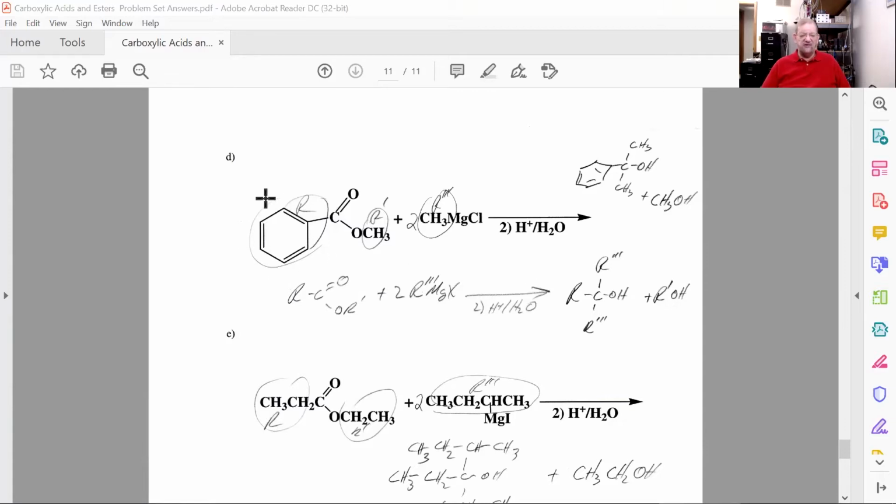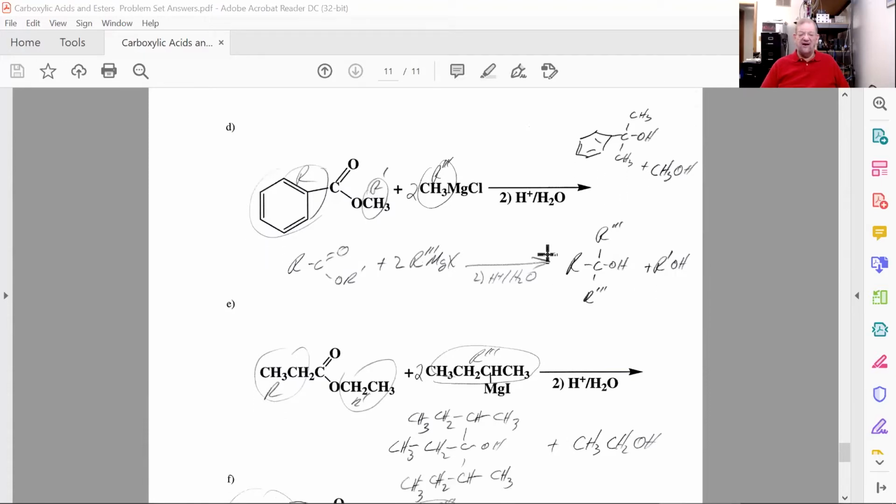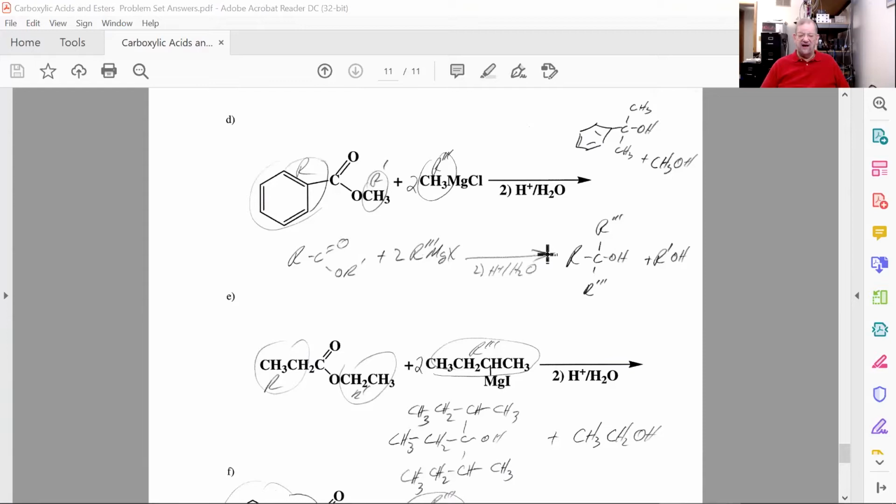And if you notice here, this is R, here's R prime, my Grignard is R triple prime, the carbonyl carbon, the benzene ring is still on that carbon, OH, and then I make my two carbon-carbon single bonds. And the carbon with the magnesium halide is the carbon bonded to the alcohol from the carbonyl carbon.